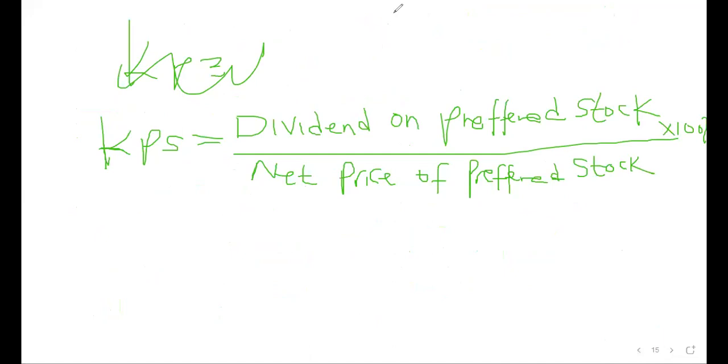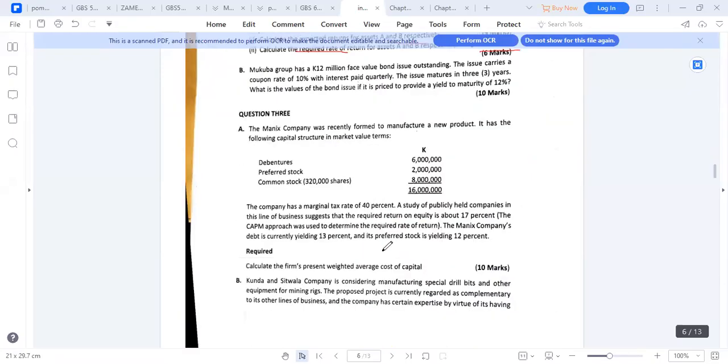So we can get down to the question from here. We can look at question 3. The most important thing is for you to understand the concept. Now, I want to explain where the weights come from.